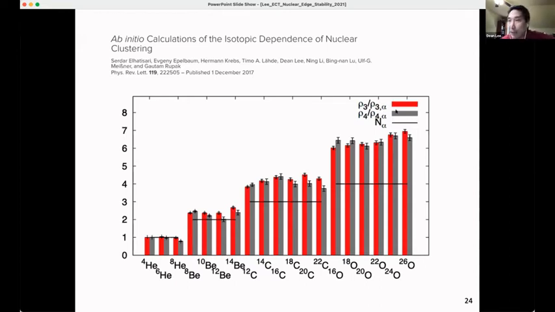So if we had perfect alpha clustering, we would see 1, 2, 3, 4 for these nuclei with 1, 2, 3, or 4 alpha clusters.